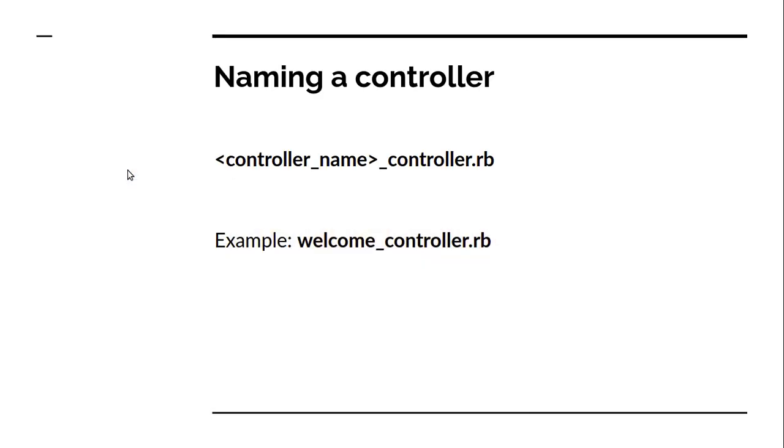Now let's try to understand how to name a controller. The controller file name must be the name of your controller, followed by underscore, then controller, and then the .rb extension. This explains what your controller's name is, and it must be proper camel case when defined in the controller file itself. You can see that I have created a welcome controller, so the file should be welcome_controller.rb.